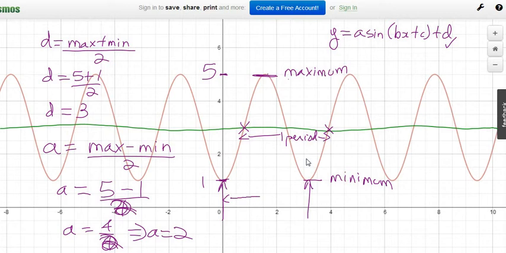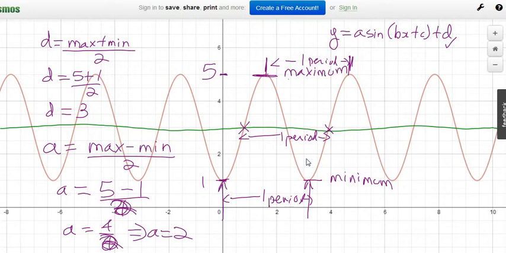From the minimum to the minimum is 1 period. From a maximum to a maximum is 1 period. So we could take any of those points. Probably the easiest is going from the minimum to the minimum, because this minimum is at 0, right? So we don't have to do any further calculation.